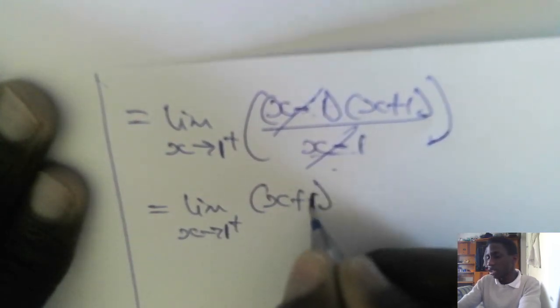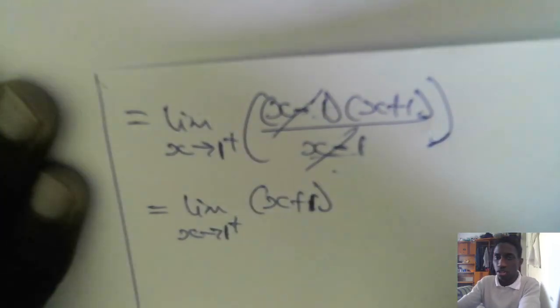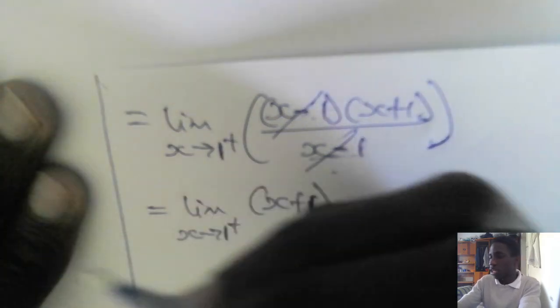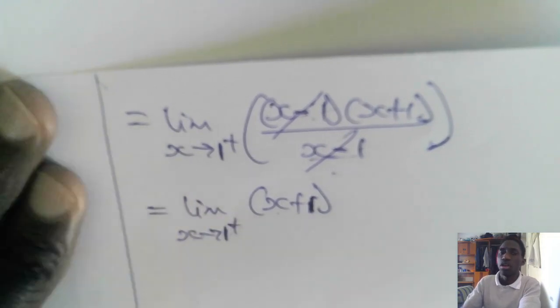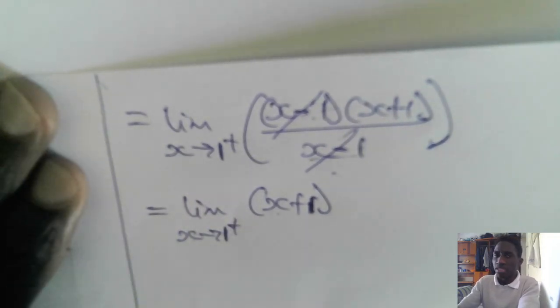Now this is where the actual reasoning comes in. We have x plus 1, and x approaching 1 from the right. So you have to have a mental picture in your head.